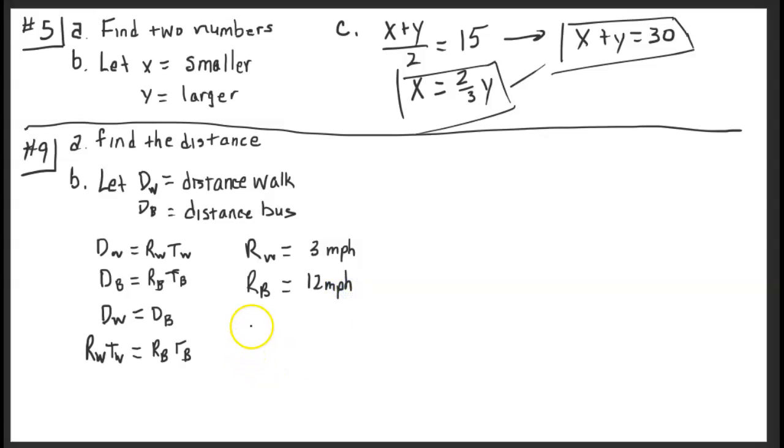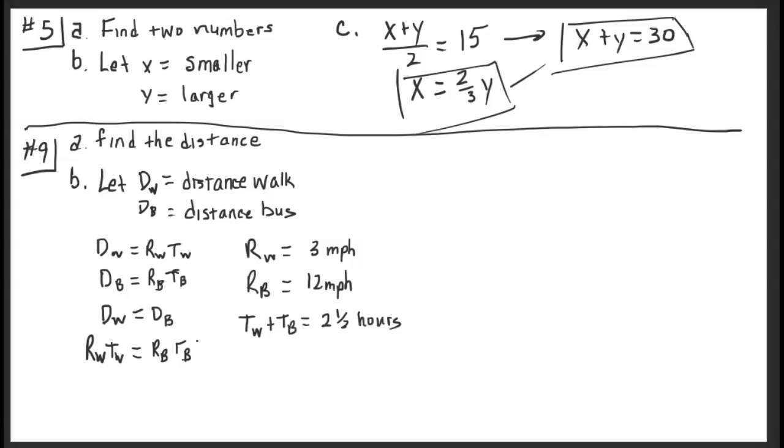And the only other thing we know is that if we add the time walked plus the time bus, it equals 2.5 hours. Now, frankly, with that information, you should be able to solve this problem.